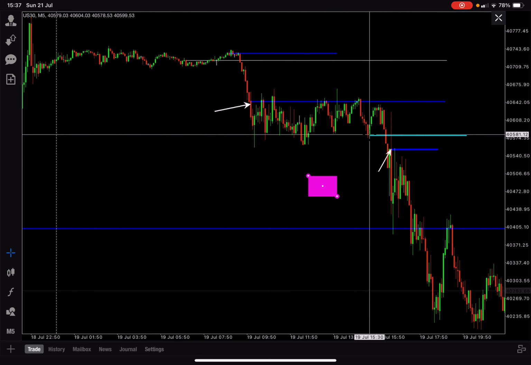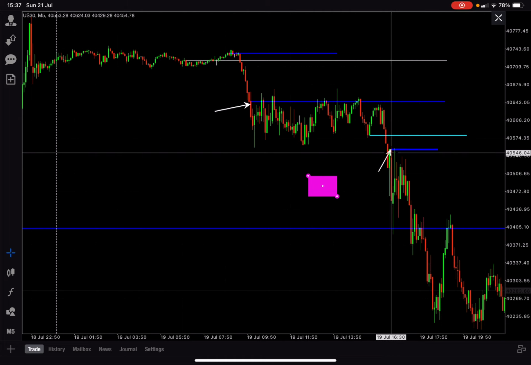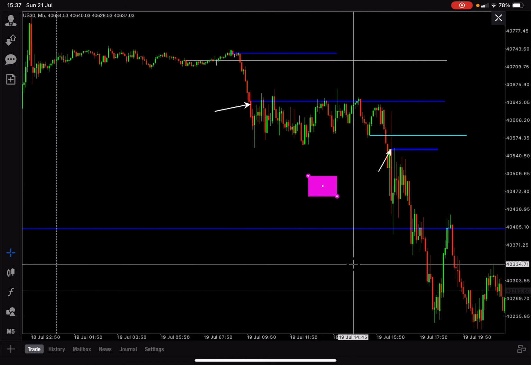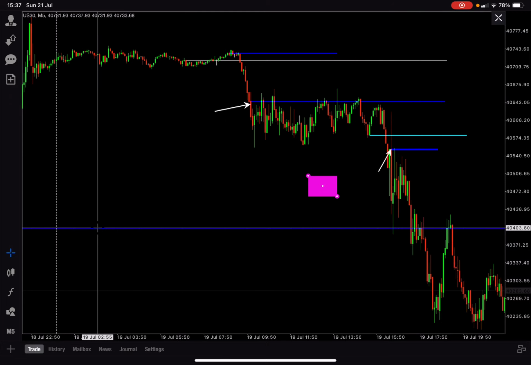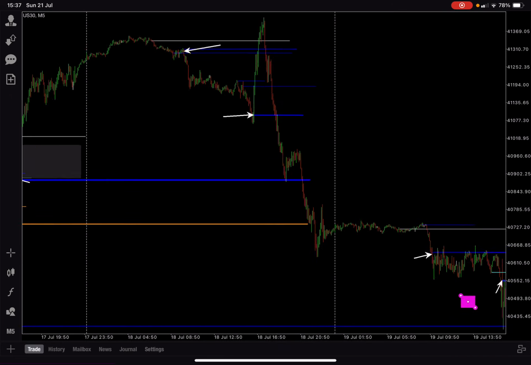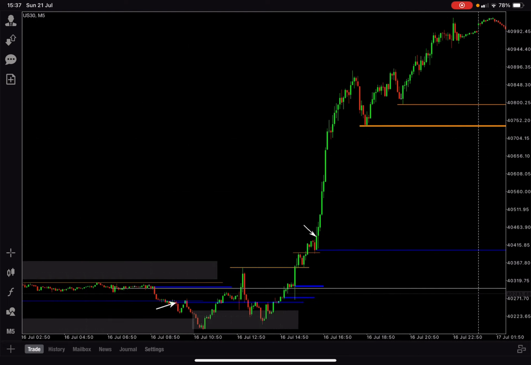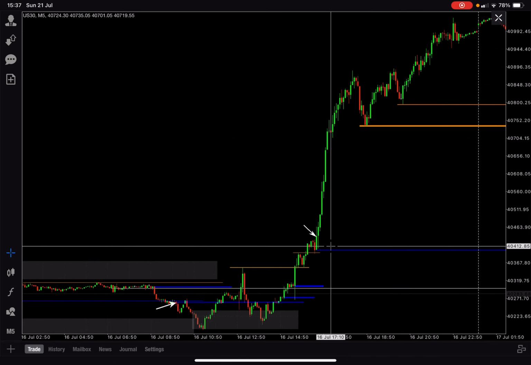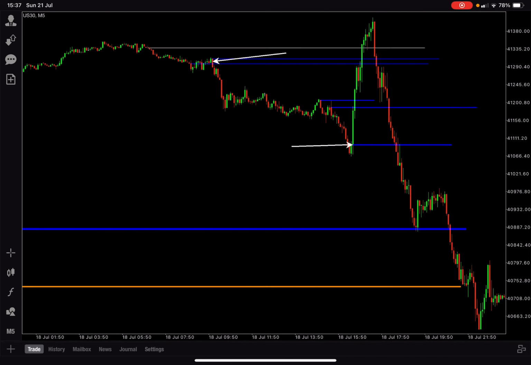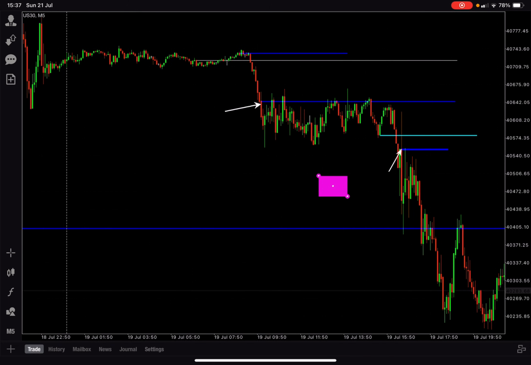That's the same sort of time. And then you've got the New York opening here, New York Stock Exchange, and then this line here is from the 16th. So that explains the things on the chart.